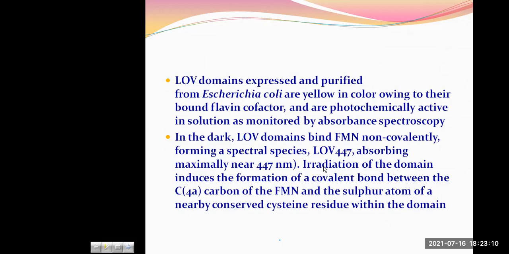Irradiation of the domain, that is, when light falls on this LOV domain, induces the formation of a covalent bond. First FMN is not covalently bound to the LOV domain, but when light falls on it, a covalent bond is formed between the C4A carbon of the FMN and the sulfur atom of a nearby conserved cysteine amino acid residue within the LOV domain.